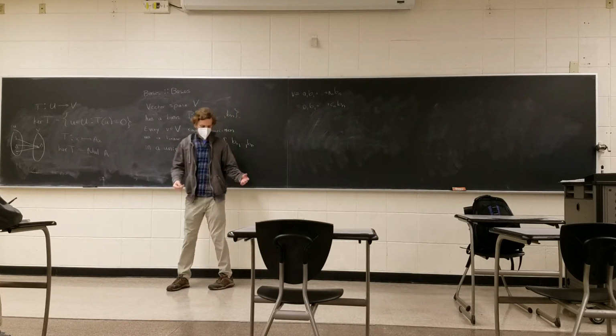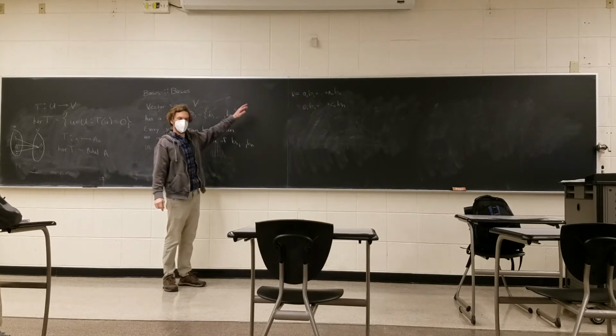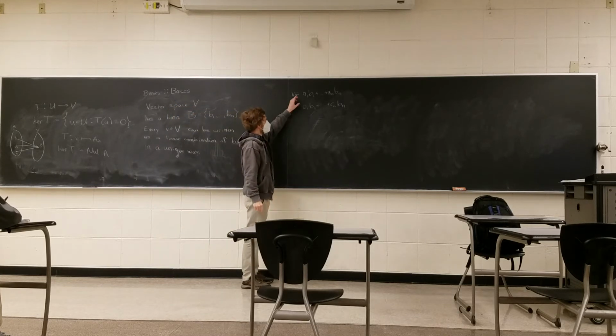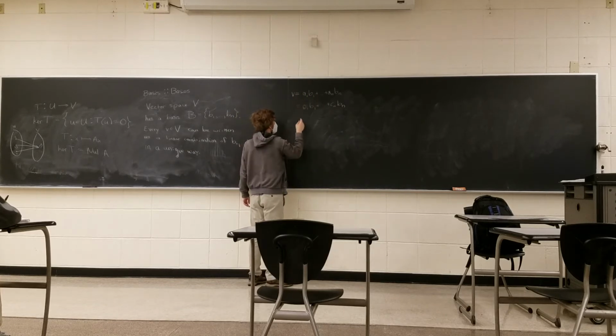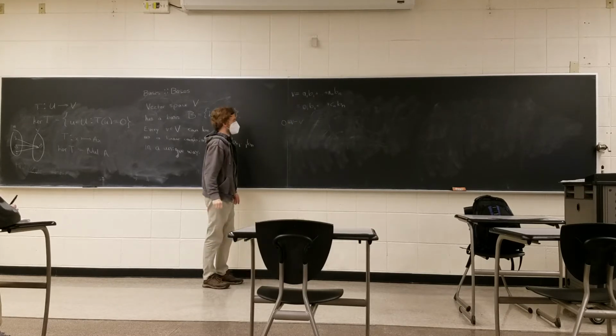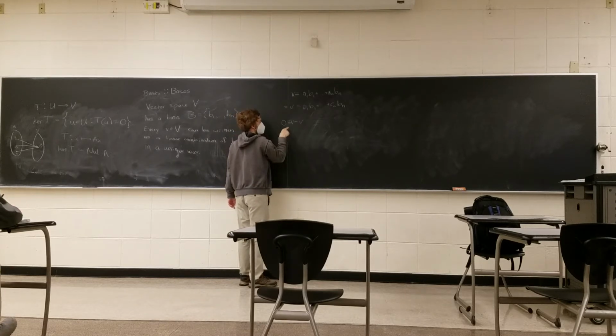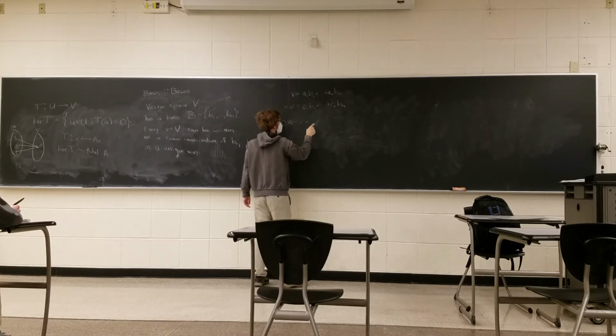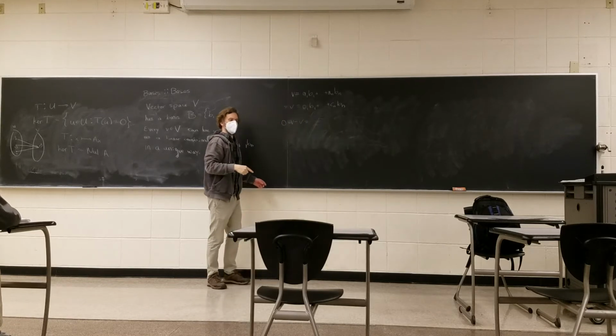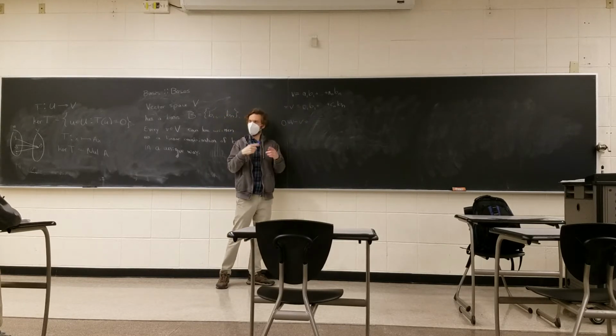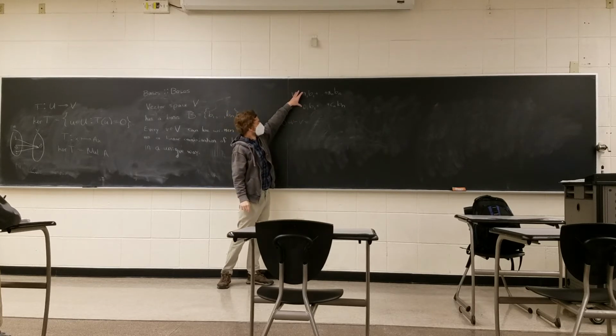So the most common way to do this is to subtract one from the other and show that we get 0 for each of these weights. So if we subtract one from the other, we get v minus v, which is 0. On this side, v is equal to this and v is equal to this, so subtracting v from v, I get 0. On this side, I subtract this from this. And because of all of our special properties of vector spaces, I can collect the weights for each vector.